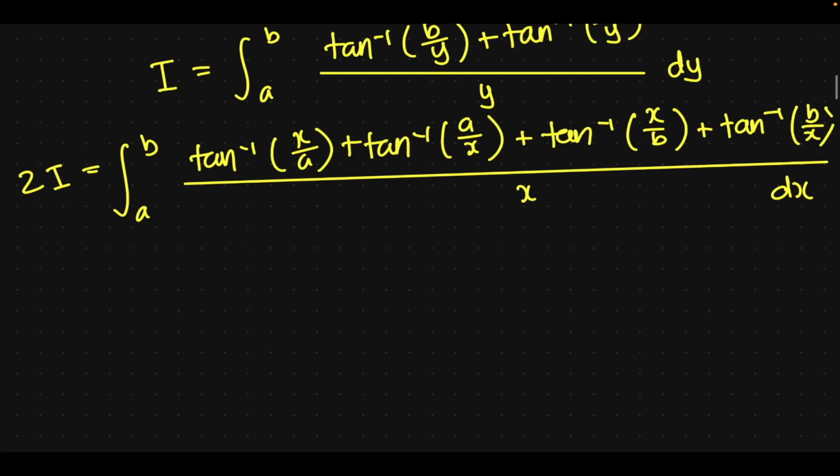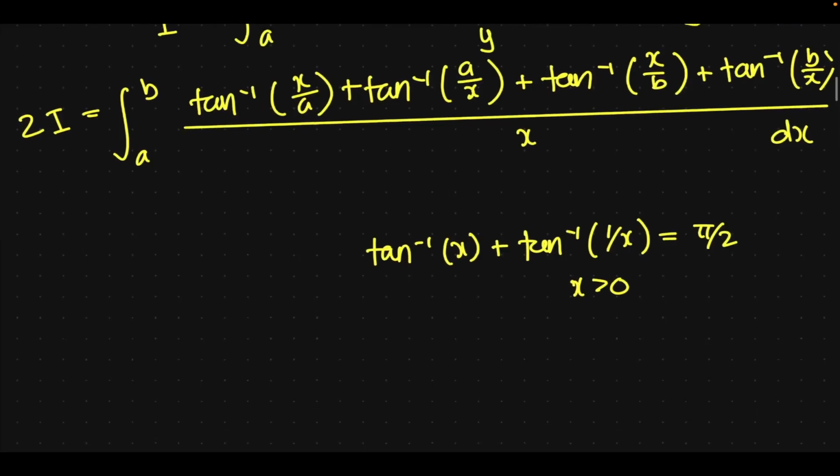The main thing to notice is we can use the formula tan inverse x plus tan inverse 1 over x is pi over 2 for x greater than 0.